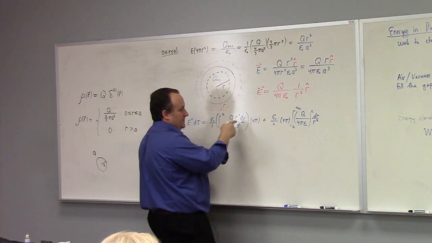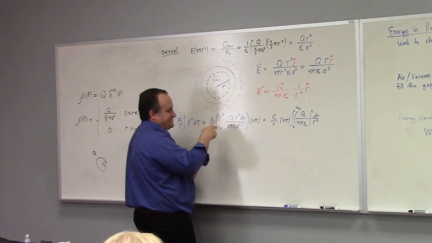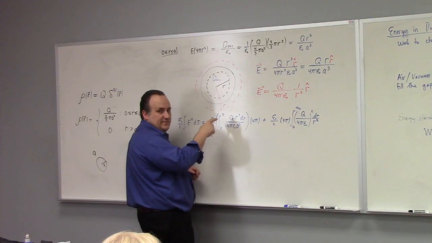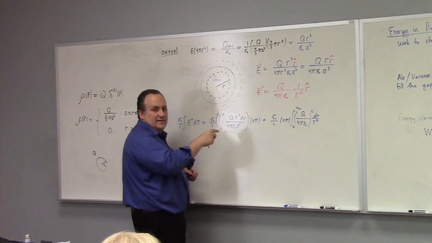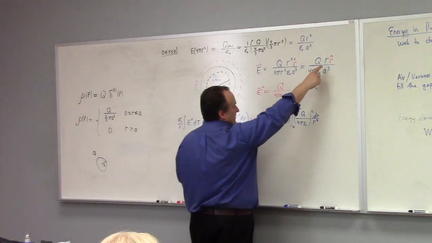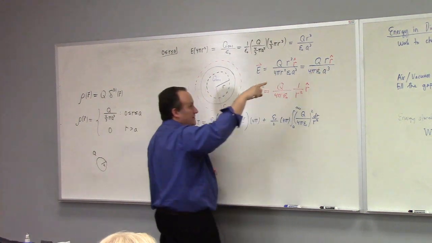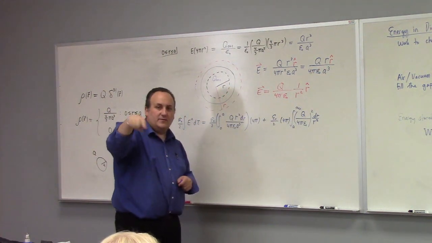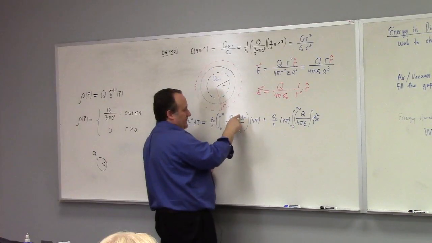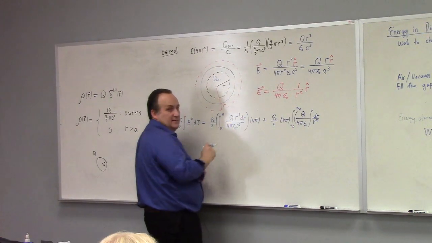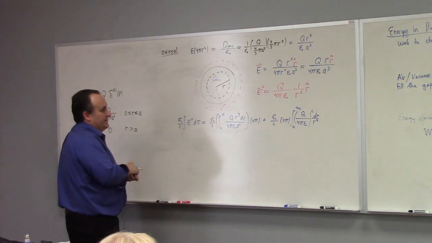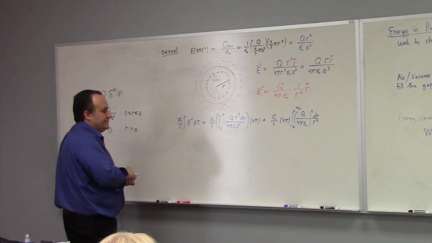So this should be what? The formula squared gives you an r squared, but also the d tau gives us another r squared. This is supposed to be r to the 4th, right? Wouldn't it be r cubed in that case?